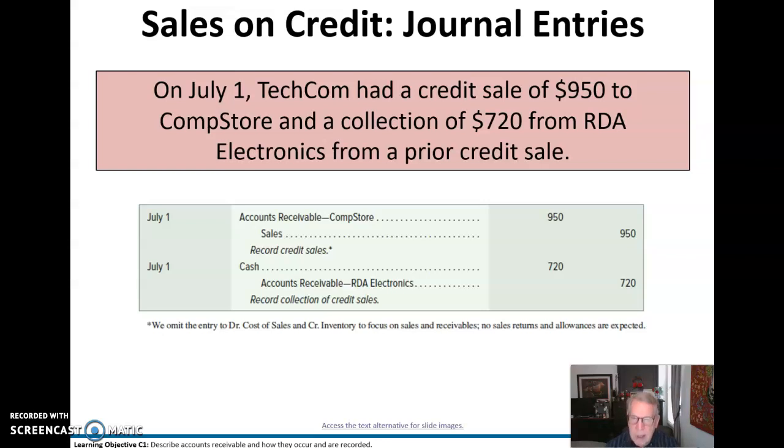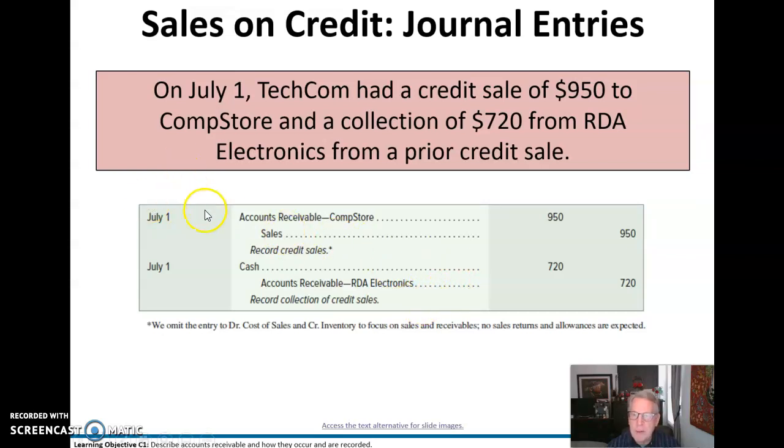So here, you're going to see that this is going to be in an accounts receivable subsidiary ledger, meaning that it's to CompStore here. And this one here is to a subsidiary receivables ledger as well. Those subsidiary receivables ledgers then roll into the aggregate accounts receivable general ledger account.